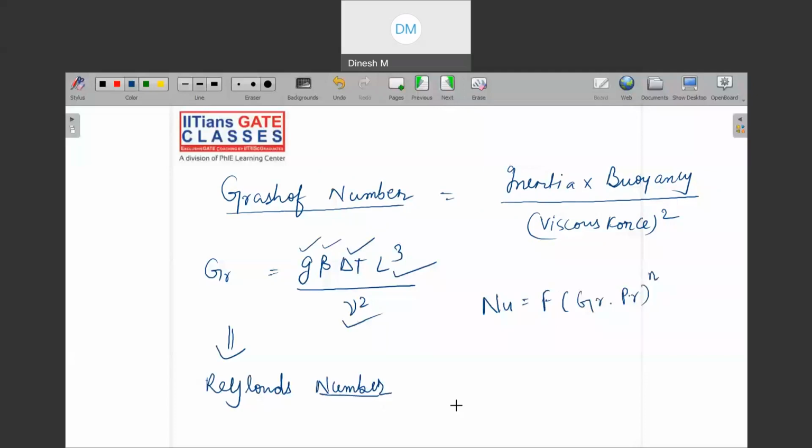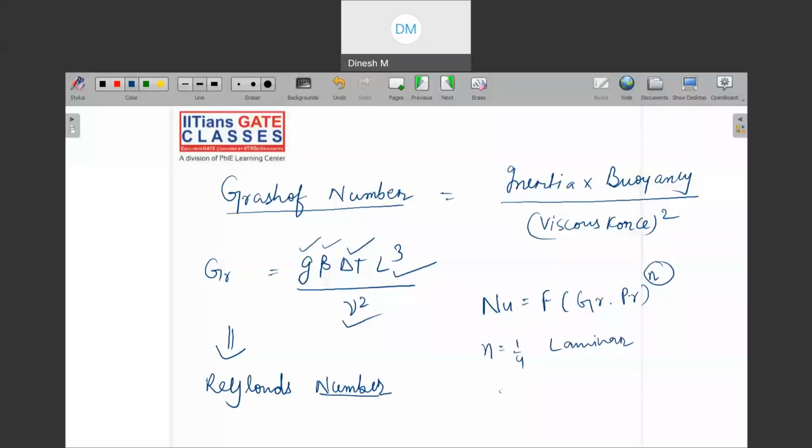Okay, and one more thing we need to understand is that the n value is decided for certain kinds of flow. So the n value is 1 by 4 if the flow is laminar, and the n value is 1 by 3 if the flow is turbulent.